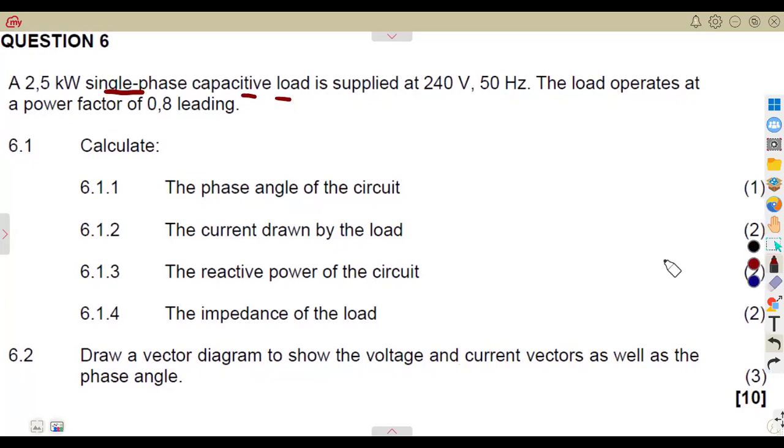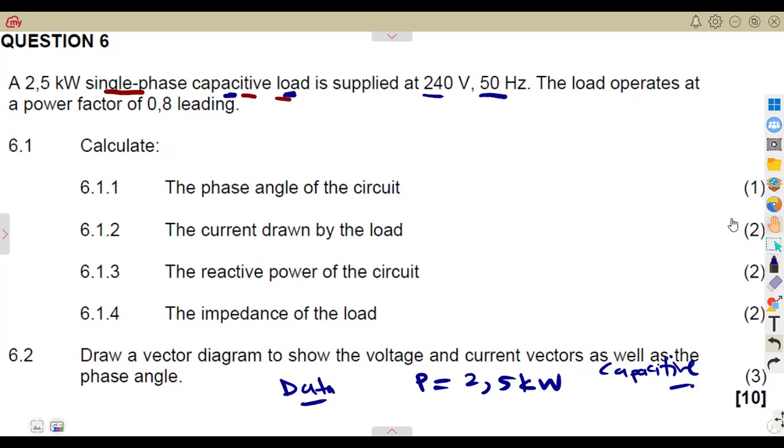In this case, guys, I'm just going to take the information that we are given. That is the power of 2.5 kilowatt, capacitive load. It can be inductive or it can be capacitive. It is supplied at 240 volts and a frequency of 50 hertz.